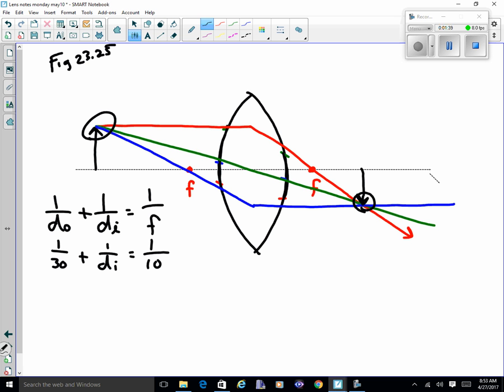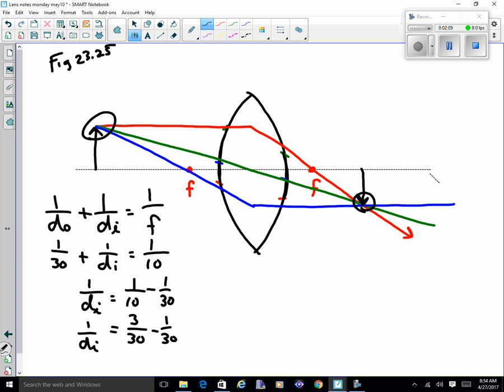And that means that 1 over my image distance is now 1 over 10 minus 1 over 30. You've got to find a common denominator, so that means 3 over 30 minus 1 over 30 is now equal to 1 over my image distance, which is 2 over 30.